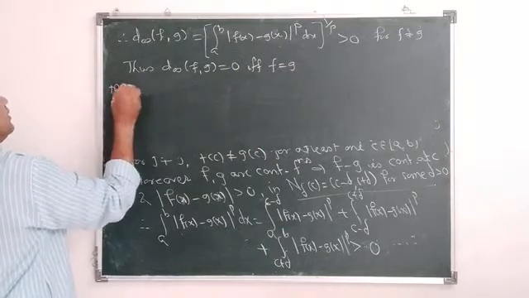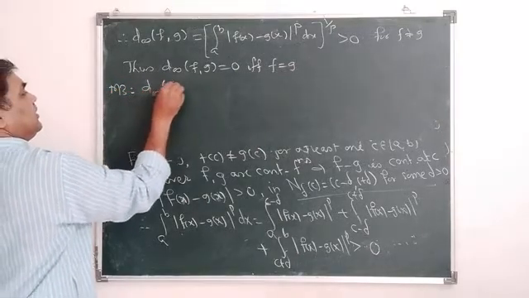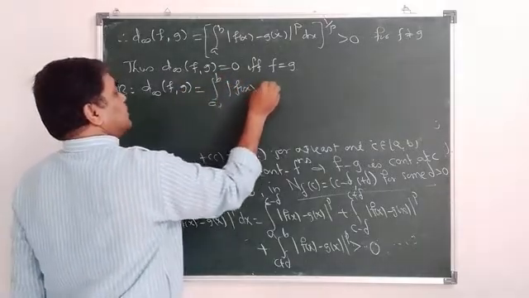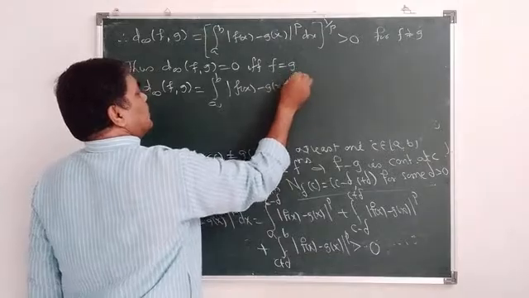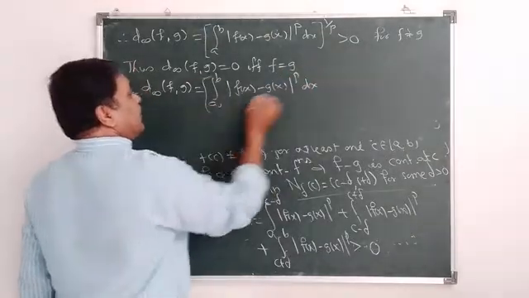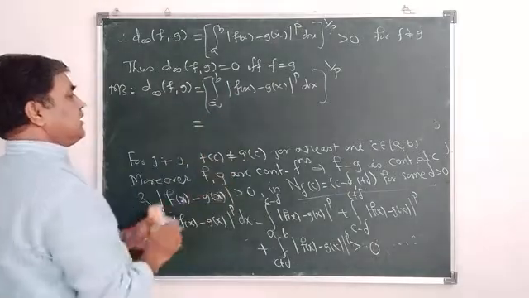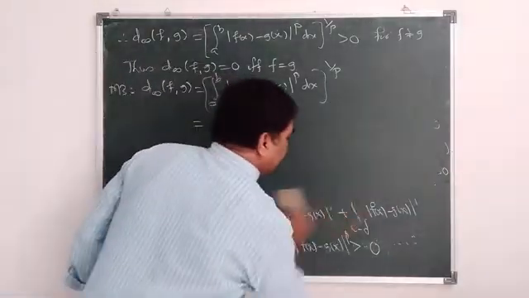M3. d_p(f,g) is equal to the integral of a to b of mod f(x) minus g(x) to the power p dx, whole thing raised to 1 by p, and again this mod f(x) minus g(x) is the same as mod g(x) minus f(x).